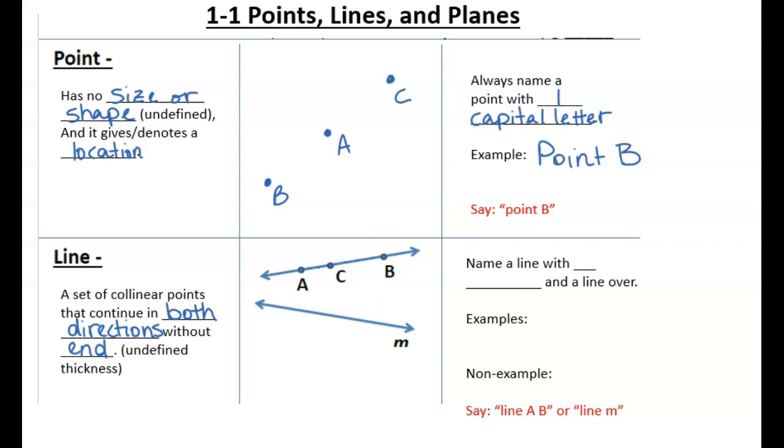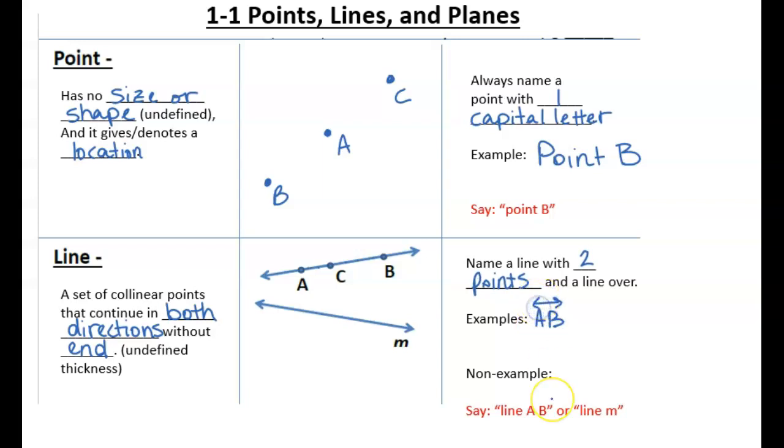So you want to name a line with 2 points and a line over. So an example might be for this line right here, it's got a point A and a point B on it. So we might say that this is line AB, and it has a line over it.